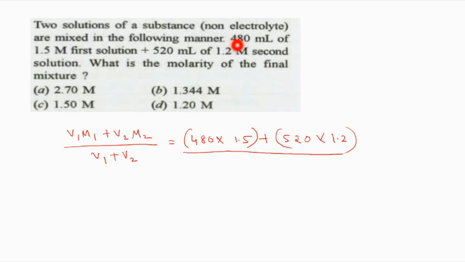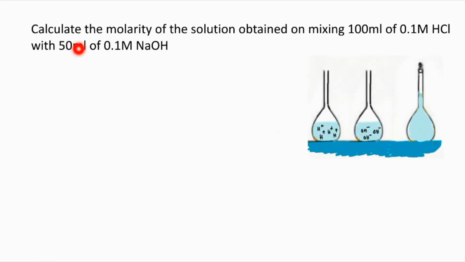Together, if you add them, you will get 1000 ml. If you calculate this, you will get 1344 divided by 1000. Easily you got the answer. So what will be the answer? 1.344 molar. In this case the answer is B. Is it easy for you now? Yes. Now see this question.